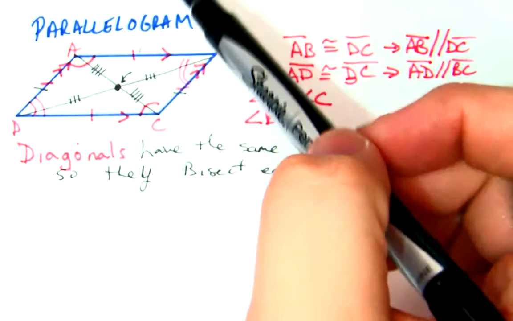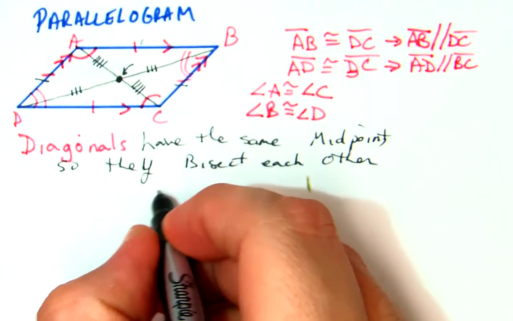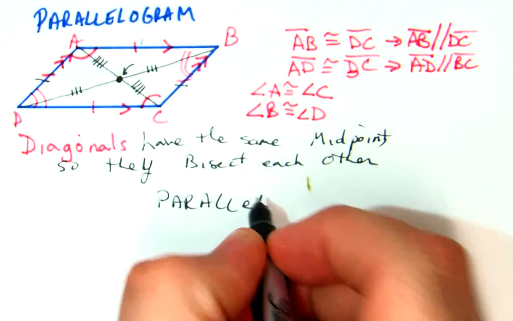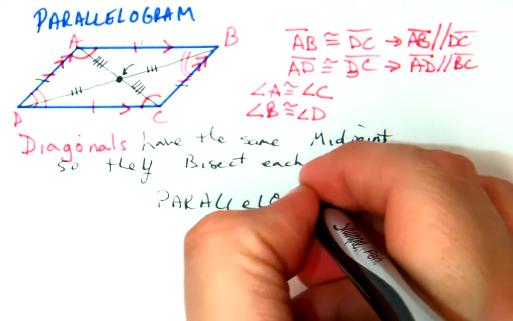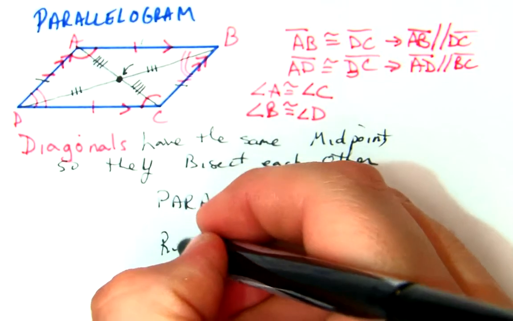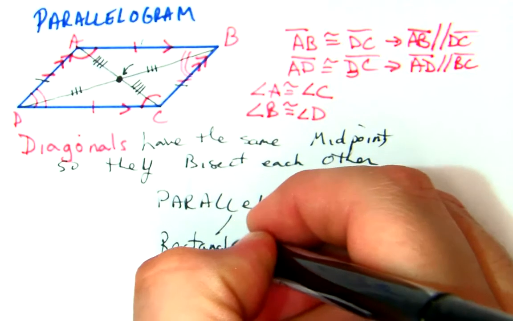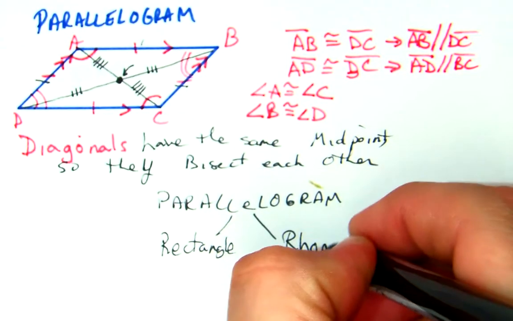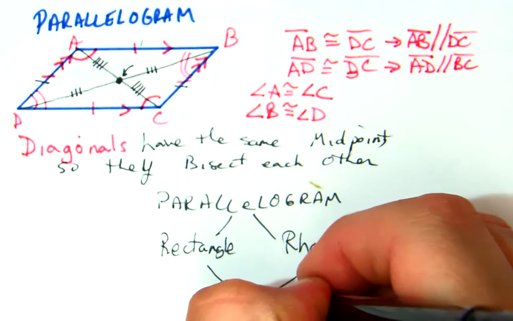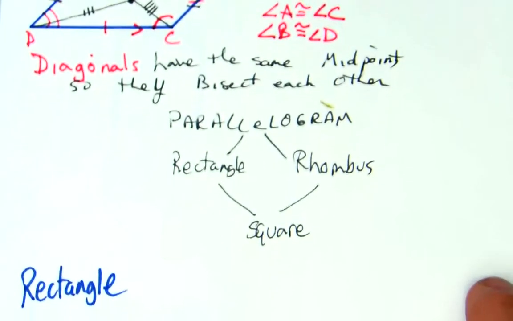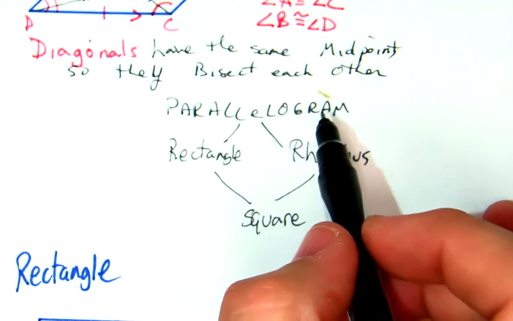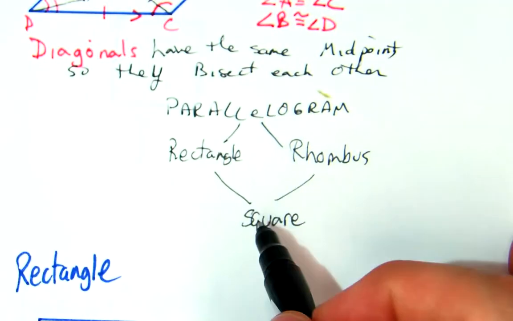Now, the nice thing about a parallelogram, when you start talking about a parallelogram, and then you have a rectangle, and then you have the rhombus, and then you have the square, which is what we're going to talk about today, just these. Everything that the parallelogram has, the rectangle, the rhombus, and the square has.